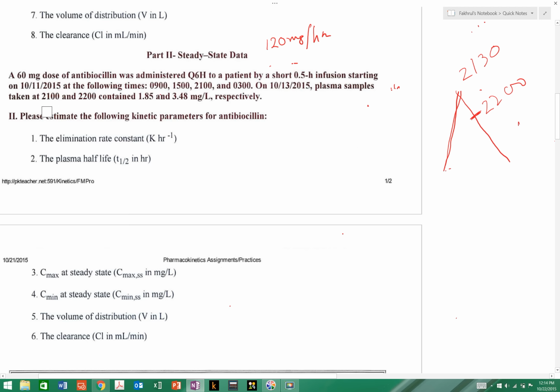This will give you the new trough time, and then subtract. In our case, 2100 plus 6 would be 0300. That means the peak sample was taken at 10 p.m. and the trough sample was taken at 3 a.m. So the time difference is 5 hours.